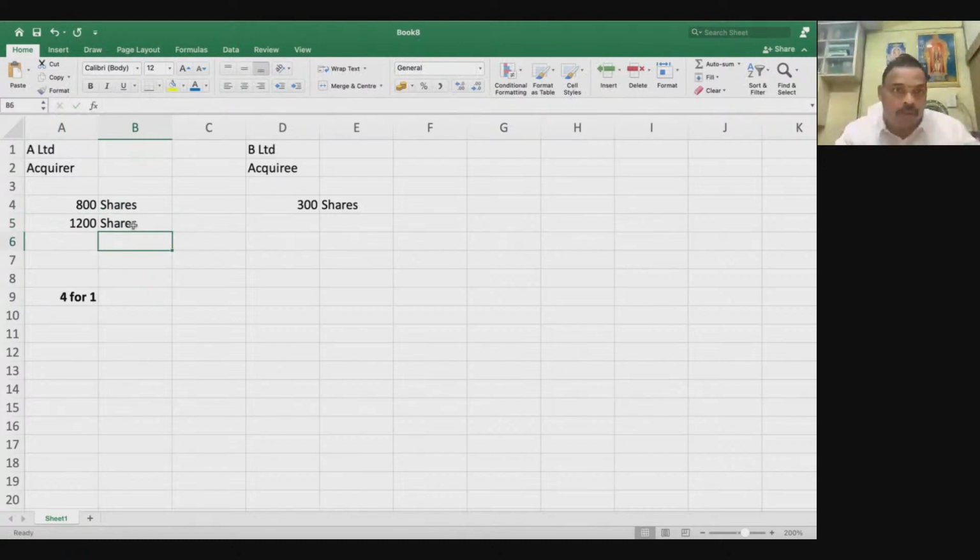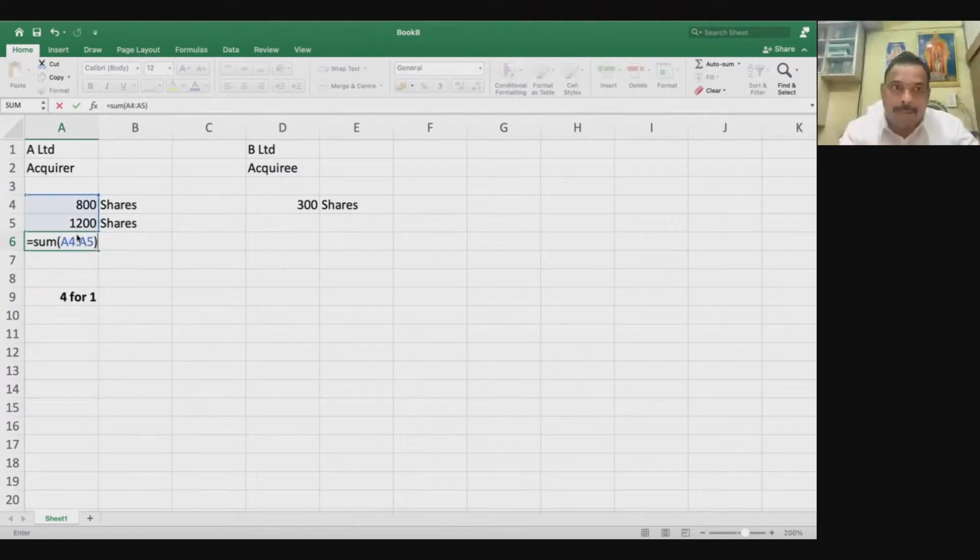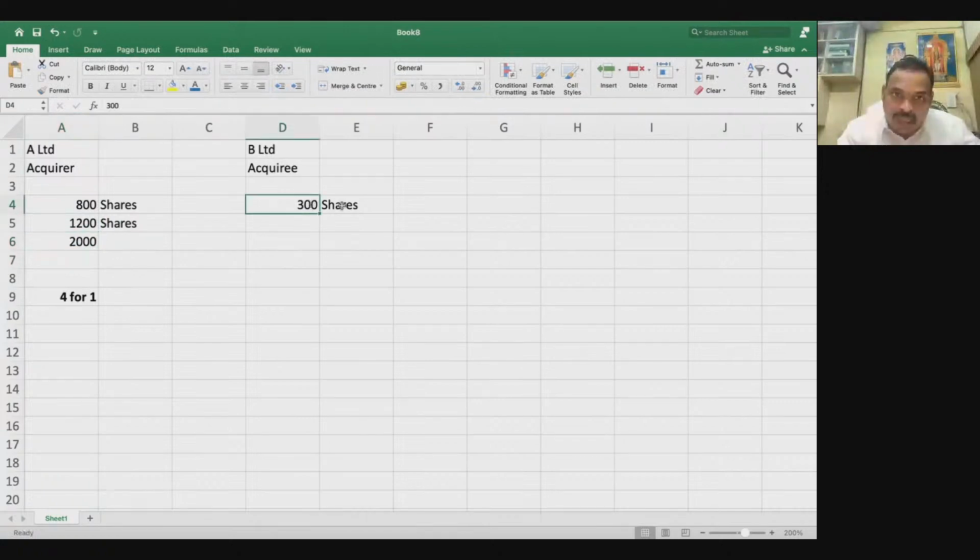So now what happens? What is the total? Sum is 2,000. Out of 2,000, the 300 shareholders are having 1,200 shares. So you are holding 100% of this, but actually what is happening? Look here, 1,200 divided by 2,000, so 60% B is already having.